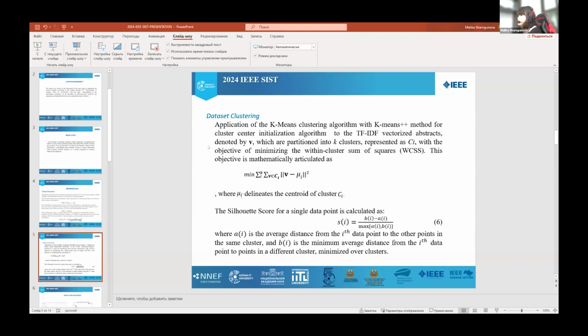And they are partitioned into k clusters with the aim to minimize the within-cluster sum of squares. And the silhouette score was measured for a single data point to find out the accuracy of the clusterization.